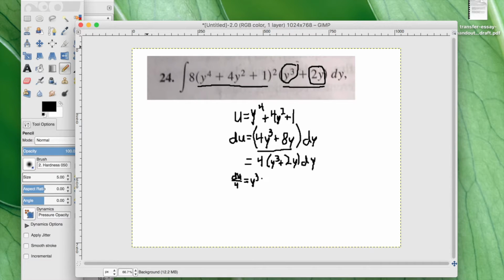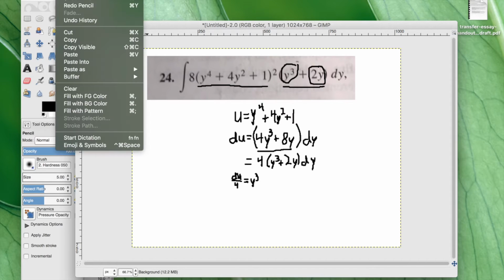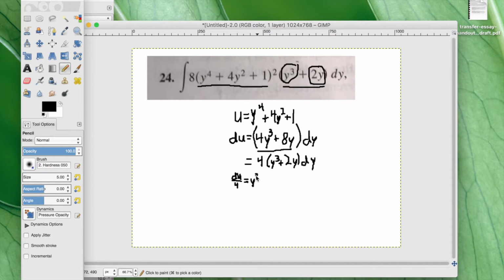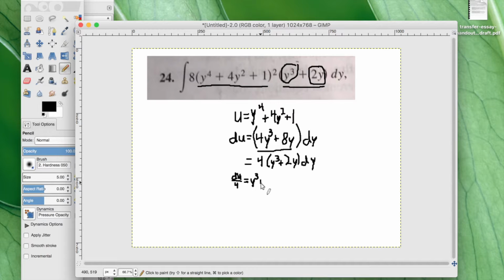If I could write better, that would be nice. Okay, so now we've got that du over 4 equals y cubed plus 2y dy.